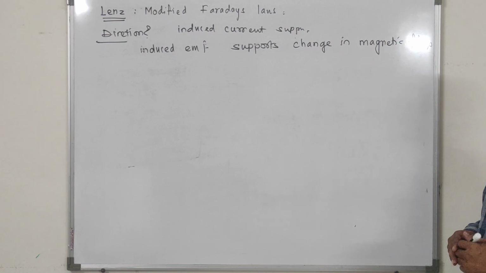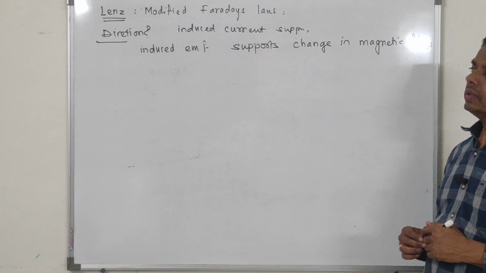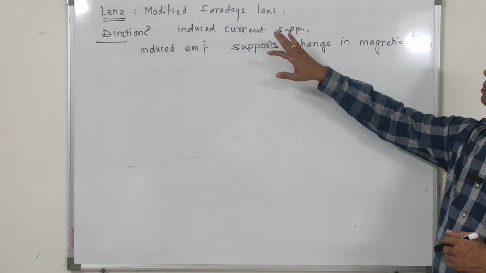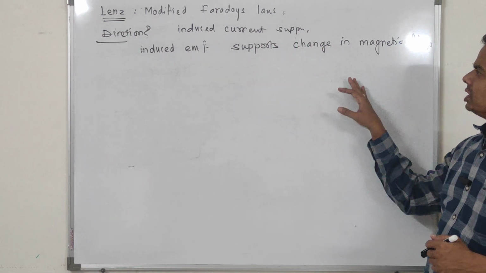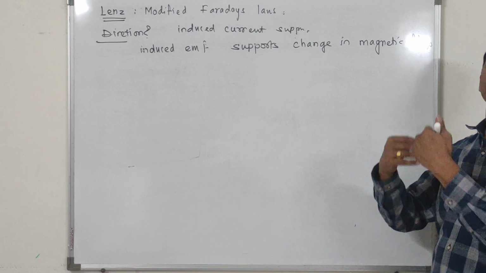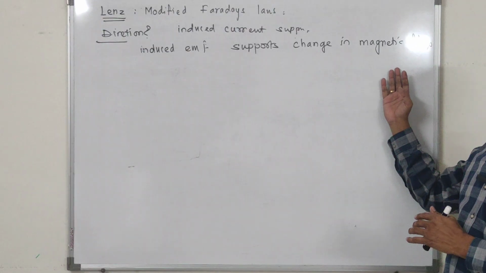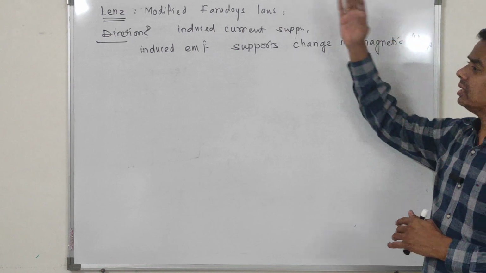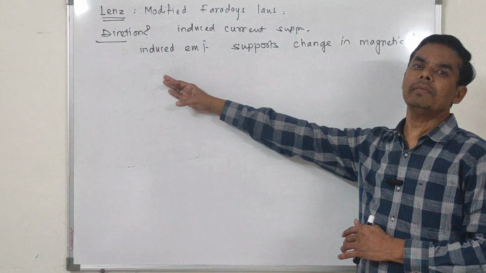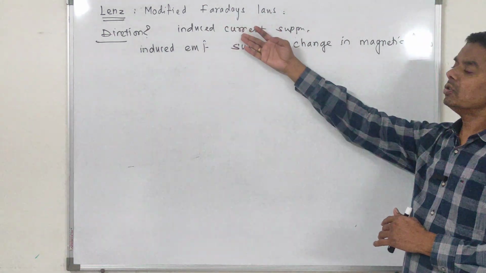If this happens, then the induced current and induced EMF support the change in magnetic flux. So there will be a further increase in the magnetic flux in the coil, and so a further increase in induced EMF, which again increases induced current.